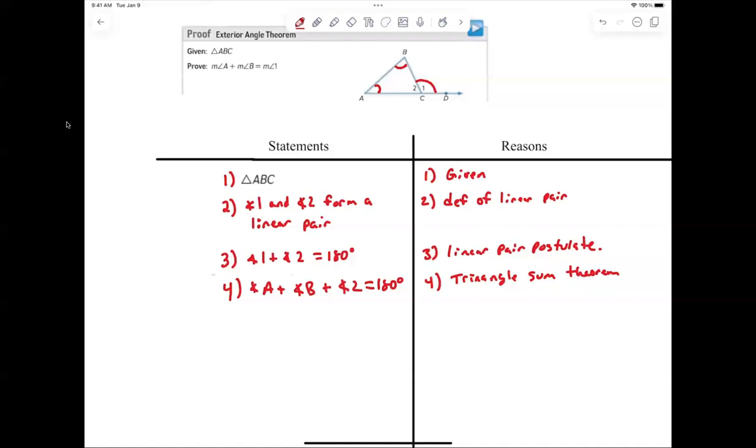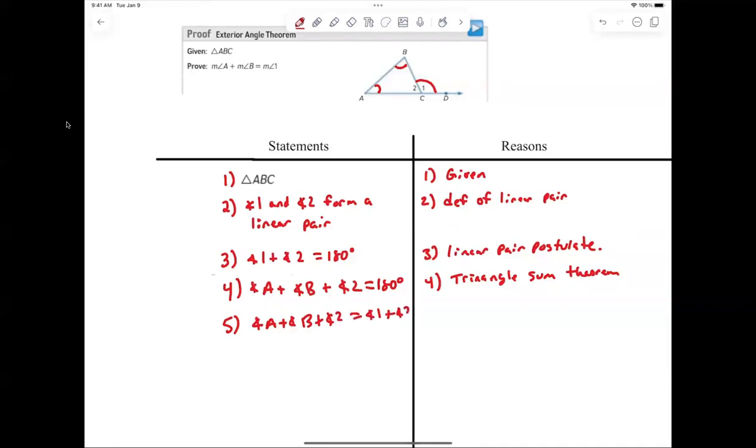All right, so now my next step. I'm listening. Tell us now. Angle A plus angle B plus angle 2 is equal to angle 1 plus angle 2.